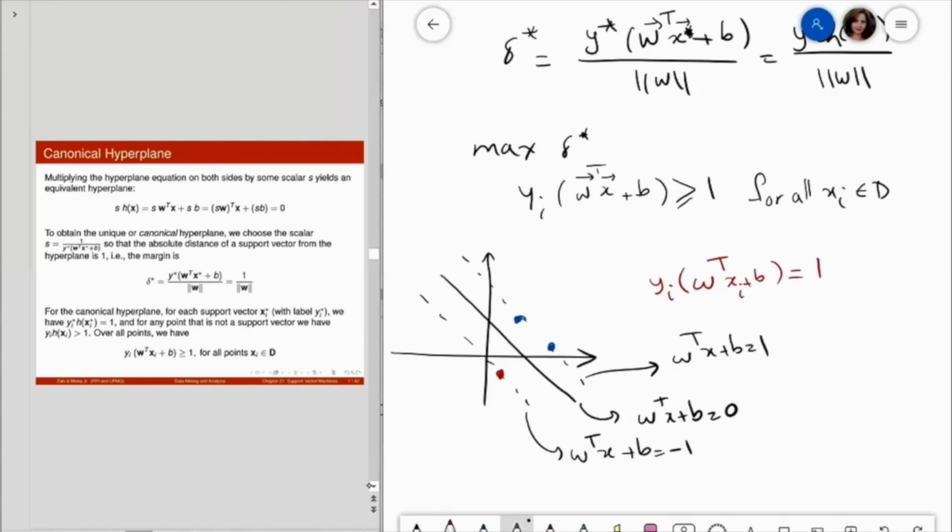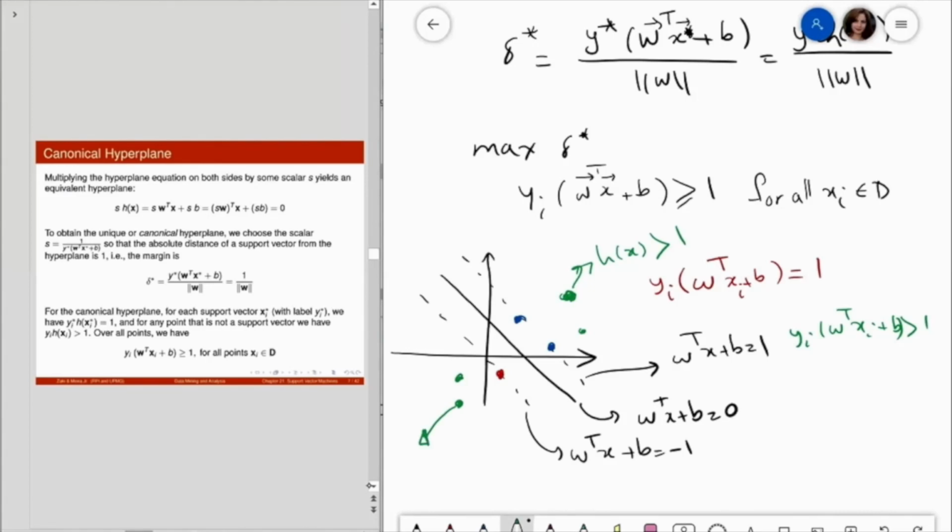For everything that falls farther than the margin, no matter what kind of label it has, we are going to have yi (W transpose xi plus b) larger than 1. Why? Because for these guys, if they are on the blue side, h of x is going to be larger than 1.